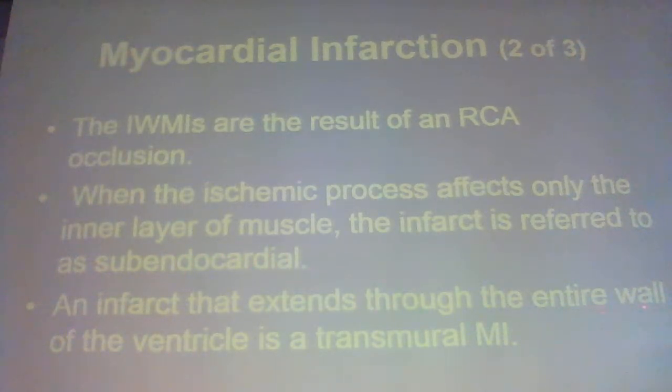When the infarct extends through the entire wall, it's called transmural. The difference between these two is whether somebody has pathological Q waves or not. So what's a pathological Q wave? Tell me what would tell you it's a pathological Q wave. If the Q wave is over 1 box wide, so 40 milliseconds wide, then that's considered pathological. Okay.